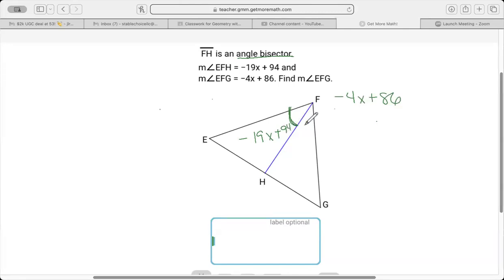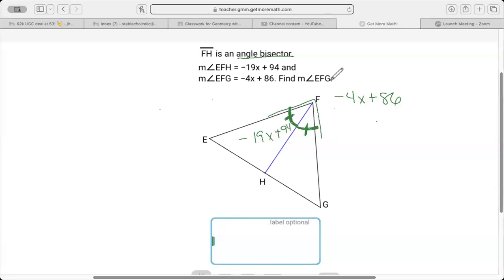Well, I kind of feel like the easiest thing to do would be to recognize that if EFH is this measurement, this negative 19x plus 94, then that means that this side is also the exact same thing, right? So we're going to put the tick marks in here, because if it's an angle bisector, that means this whole big angle was cut directly in half, right?